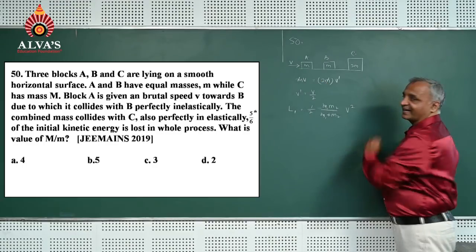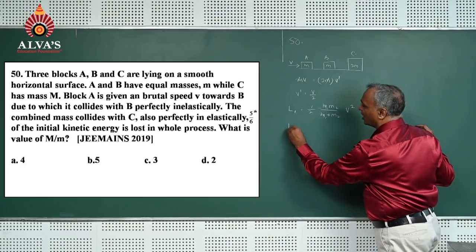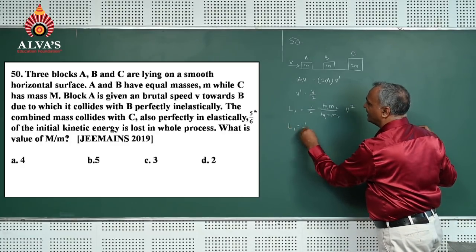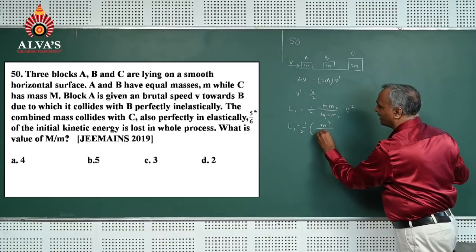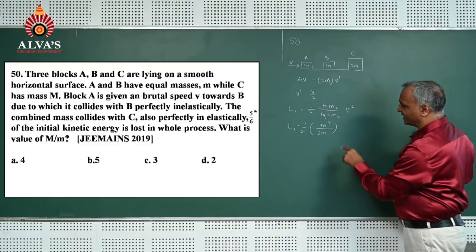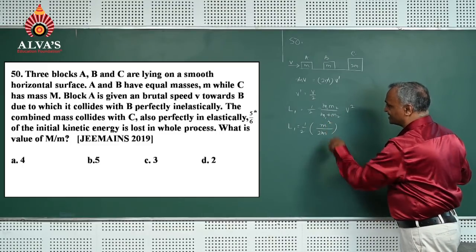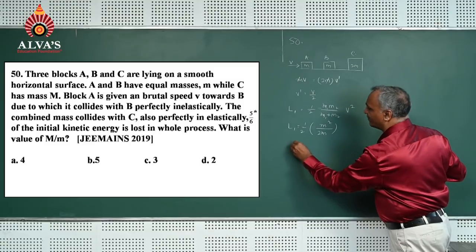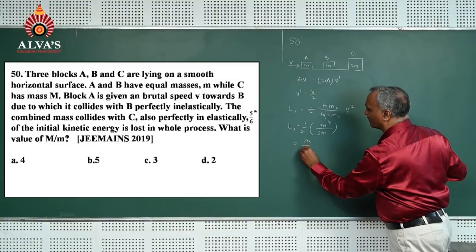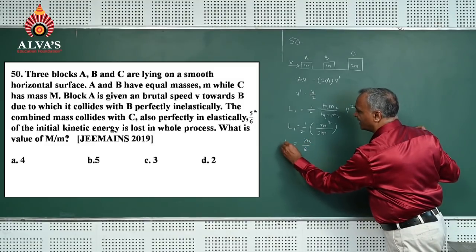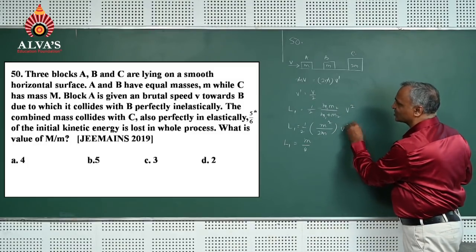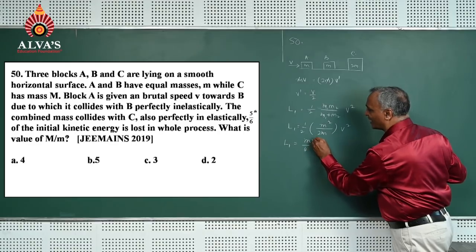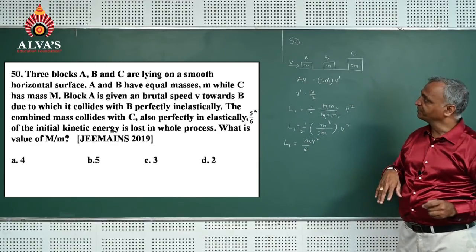So if you substitute, loss 1 will be half m1 m2, both are m, so it becomes m square divided by m1 plus m2, which is 2m. So that m cancels, you are going to get m divided by 4. Oh, sorry, into v square is also there with that. So mv square by 4 is the first loss.